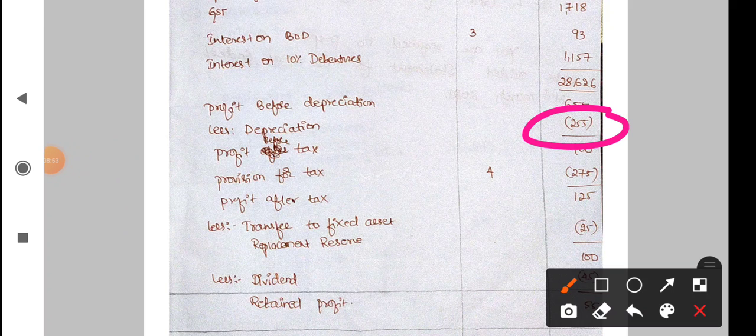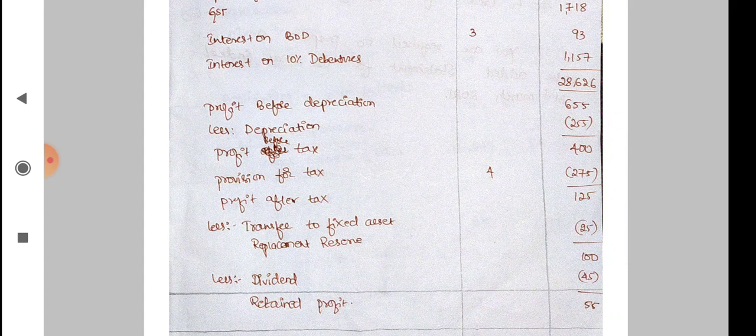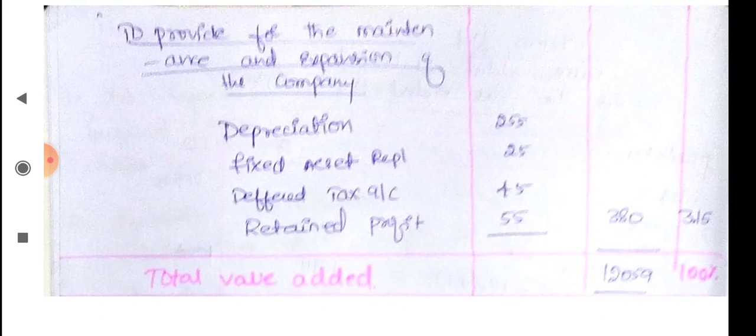Next we have deferred tax, that is 45. Next we have replacement reserve, that is 25. Next we have retained profit, that is 55. All these things we have to write here. So the total will be 380.